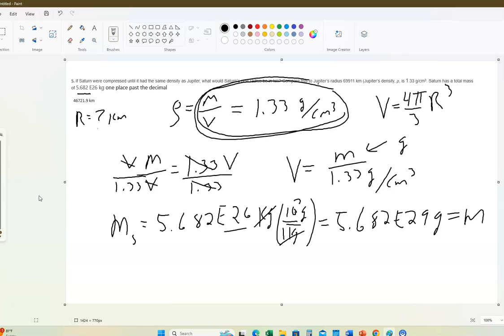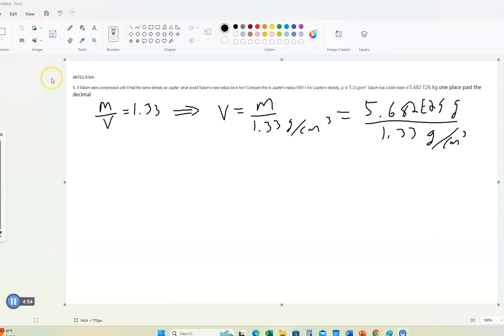And then we use this equation right here to solve for the radius. So let me clean this up a little bit and let's solve this stuff. I've just rewritten the equation, so we're going to solve for the volume.